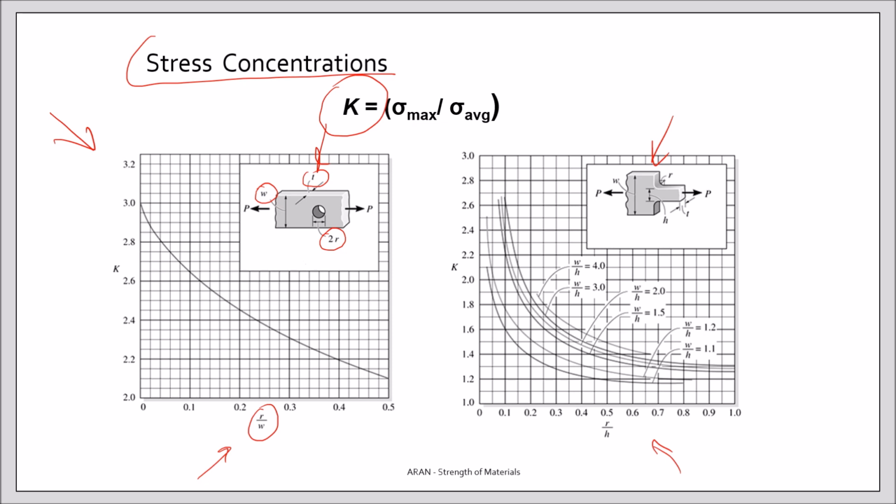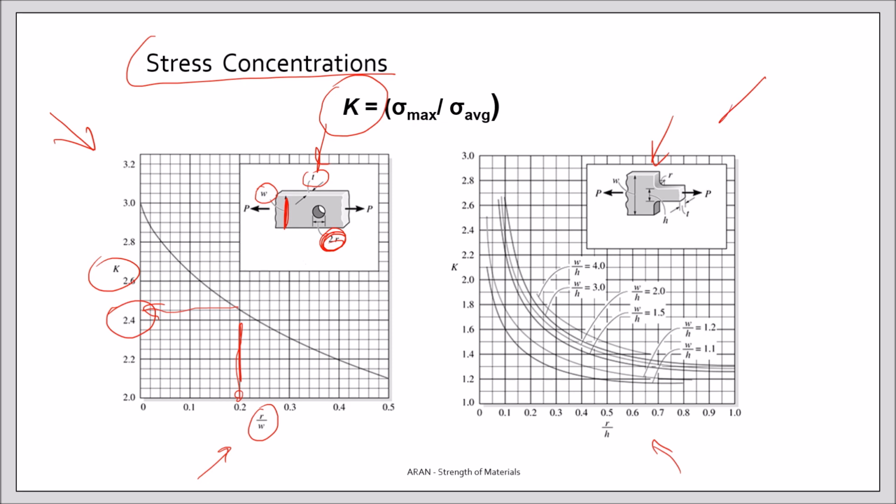For example, R over W, R is the radius, W is the width. For example, it's 0.2, so you find out that your K for this hole is 2.4. You see, it's not a very low value, so it is 2.5 times higher than the average calculated stress.